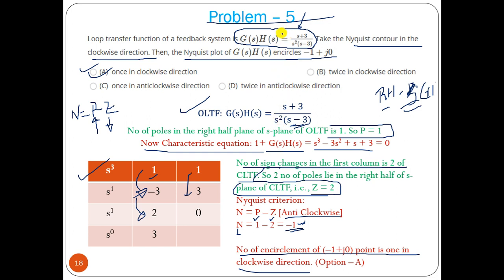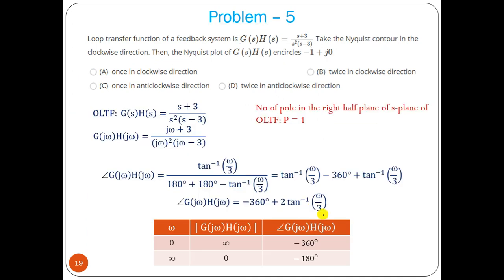Just from the open loop transfer function we can find the p value, then from the characteristic equation of the closed loop transfer function we can find the z value using the Routh stability criterion, then we subtract and find the number of encirclements in the clockwise or anti-clockwise direction. So there is no need to draw the Nyquist plot, but let us draw it.